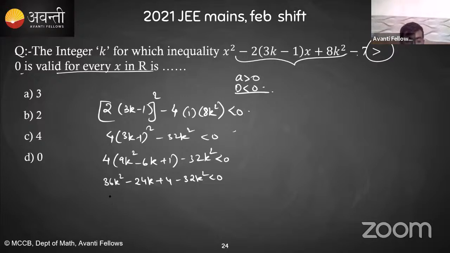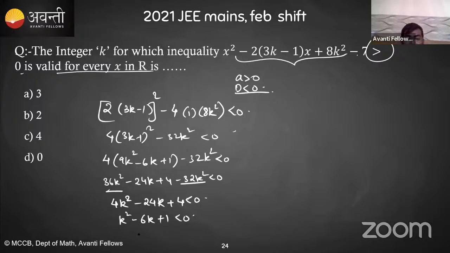Here 36k square minus 32k square will be 4k square minus 24k plus 4 less than 0. So k square minus 6k plus 1 less than 0. Right? So here, what can be the roots?